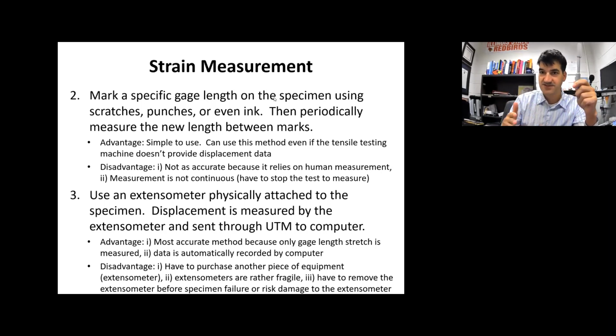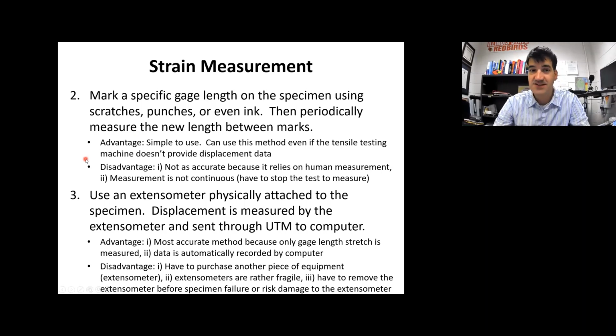And then run the test again for a few more seconds, then stop the test, and then measure the change in length again. So you can make scratches on the test specimen, or you could use a punch to make some small marks on it. Or like I said, use a Sharpie marker or a pen or something and make these marks. And then periodically stop the test and re-measure the length to get the change in length.